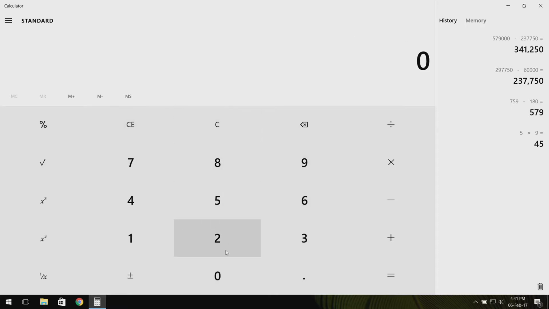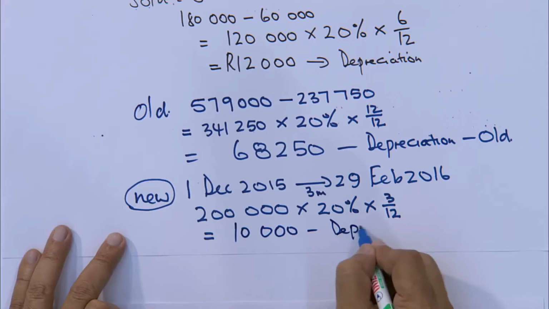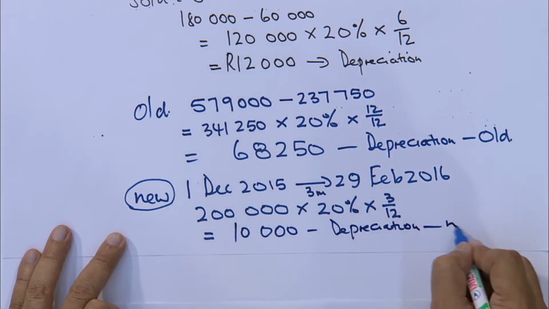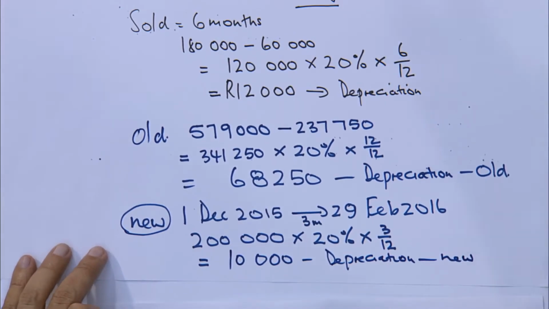Okay, that makes sense. 200,000 times 3 divided by 12 times 20%, and that gives you 10,000. Okay, so that will be the depreciation on the new. Okay, so let's just go over those calculations quickly.